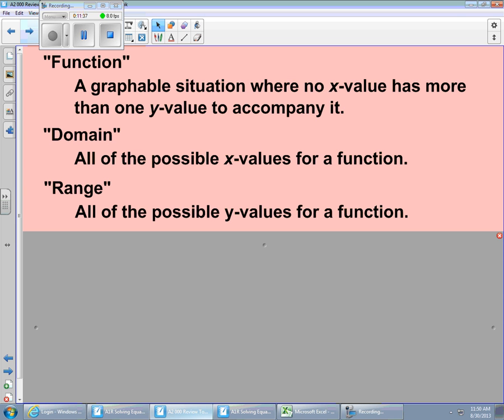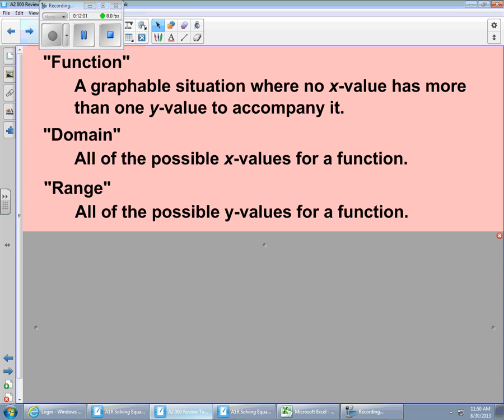Now, if you're one of the people who understands domain and range and understands that they are x's and y's, but you get them confused, you're not too good at remembering whether domain is the one talking about the x's or the y's, and the same with range, here's the simple way I give it to Algebra 1 students so they can remember: think about it alphabetically.